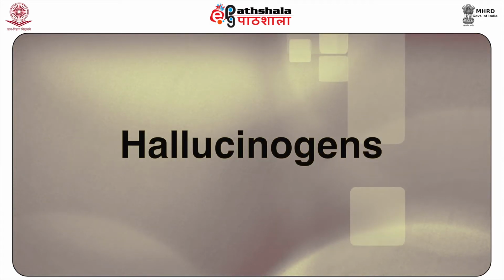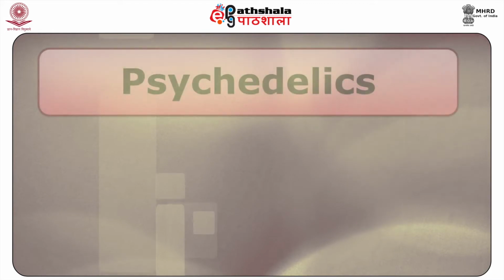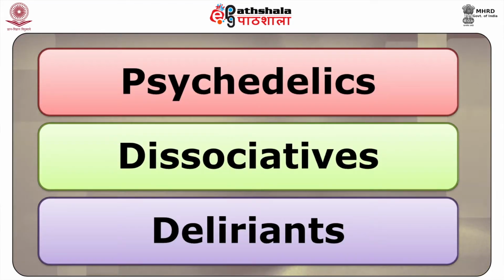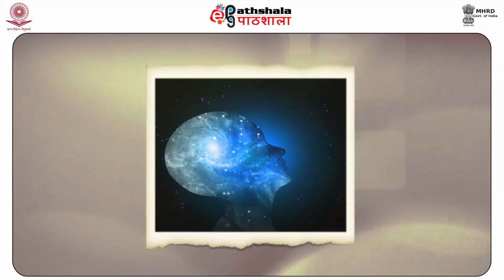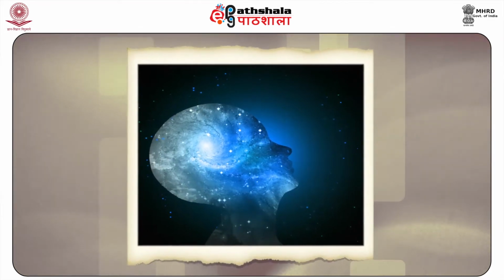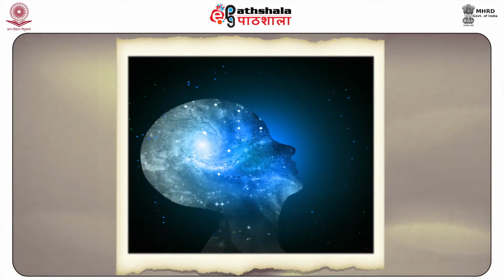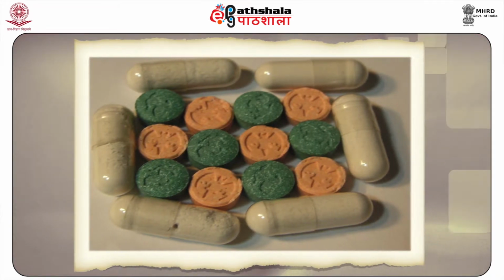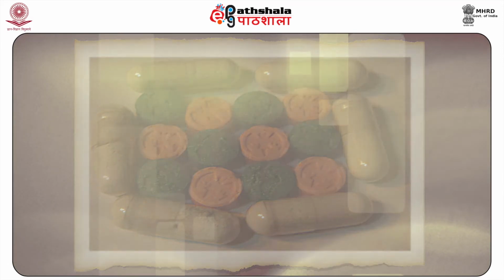Next, moving on to hallucinogens, including psychedelics, dissociatives, and deliriants. This category includes all such substances that produce distinct alterations in normal thought processes, perceptions, and mood. There are a number of substances with varying chemical compositions that have hallucinogenic properties.